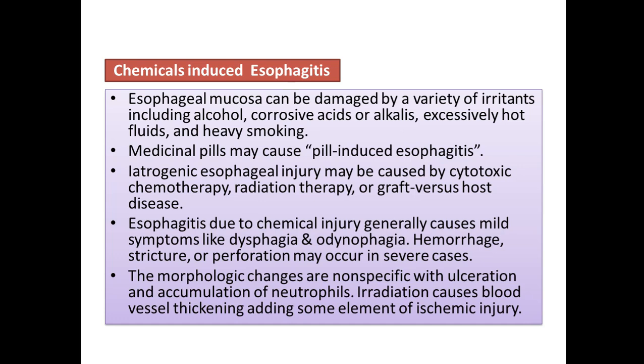And sometimes the radiation that we use for certain diseases may cause thickening of the blood vessels in the radiated area. When the blood vessels are injured, this radiation is now adding an element of ischemic injury.